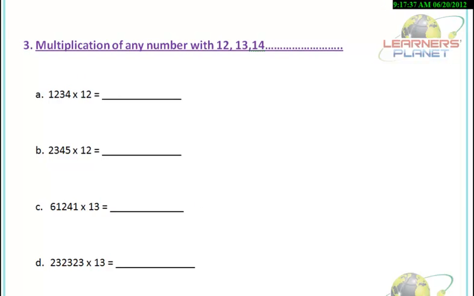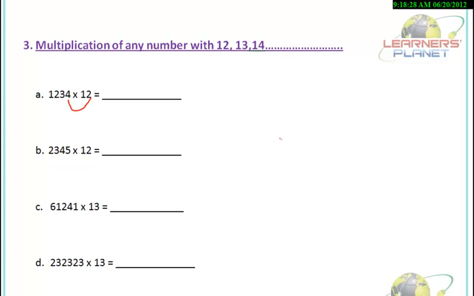Okay, let's begin with our first example. Here, 1234 into 12 we have to calculate. Just see the method carefully, just try to understand. First of all, we'll multiply the unit digits, that is 4 into 2.